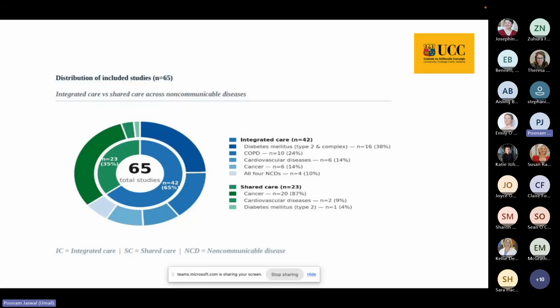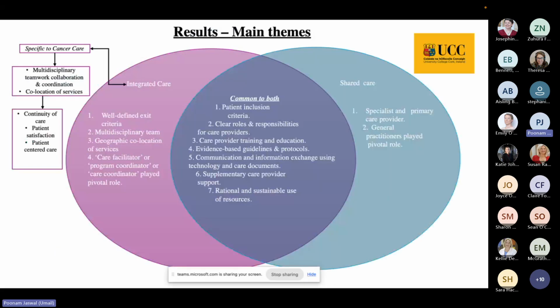It is worth noting that within integrated care, the majority of the literature was represented in the field of diabetes mellitus, while in shared care, the majority of the literature came from oncology settings. So moving on to the final result, both the concepts hold common as well as distinct domains between them.